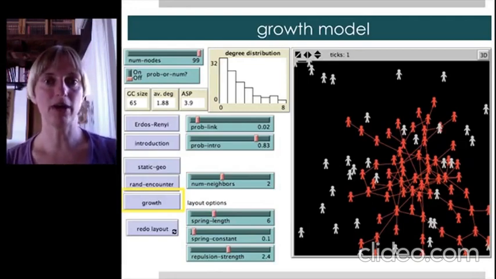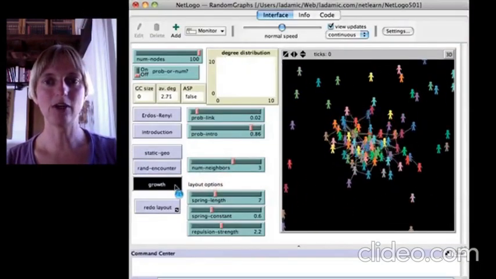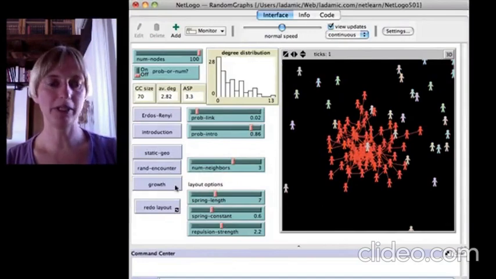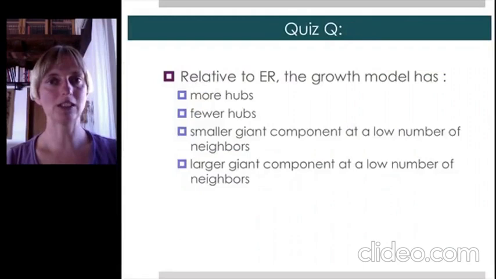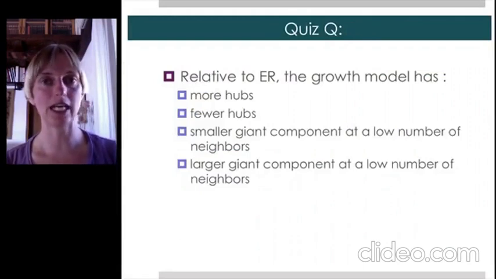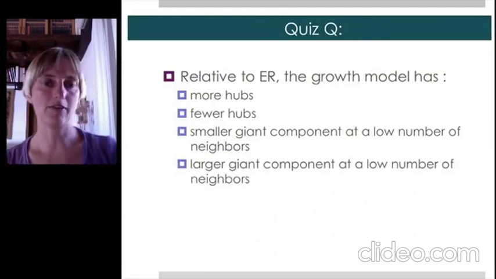So in the growth model, you just click on growth, and you're going to be similarly looking for things such as the presence or absence of hubs. So again, looking at the degree distribution, and also looking at the size of the giant component relative to the Erdős-Rényi random graph.